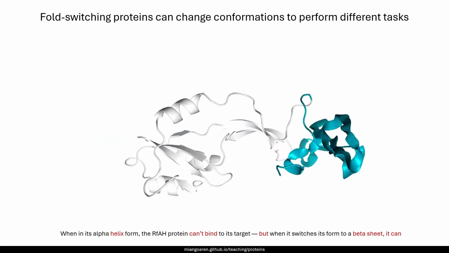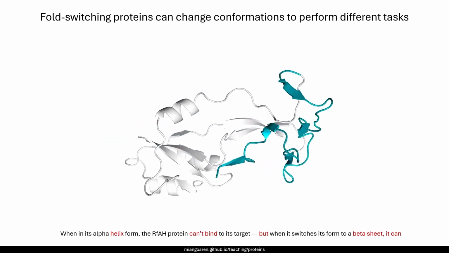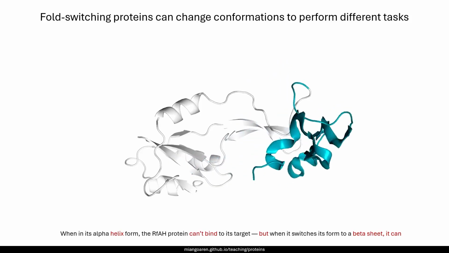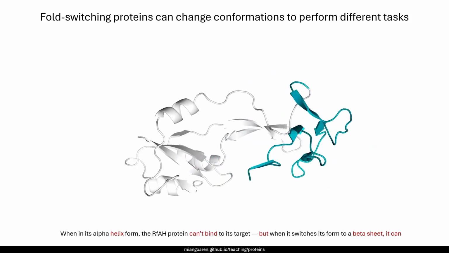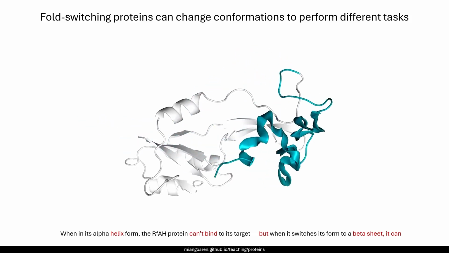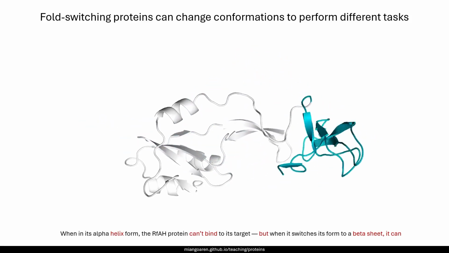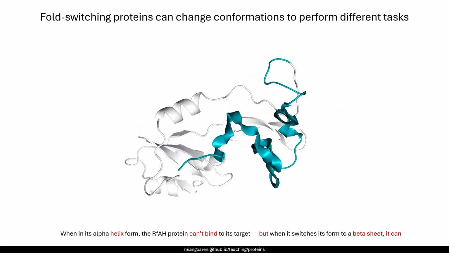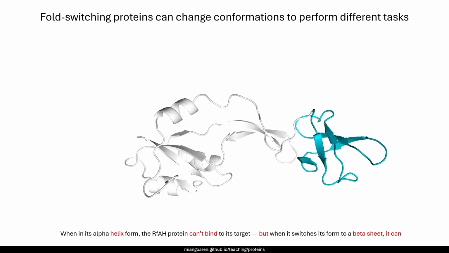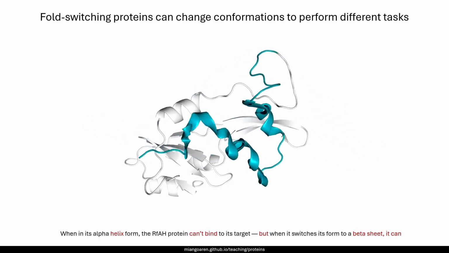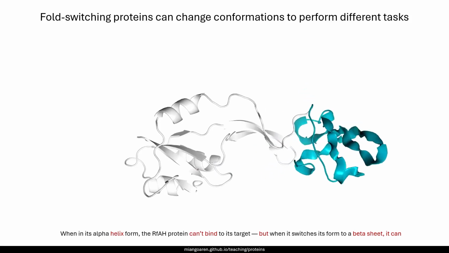Here what we see is how this change process occurs at the conformational level of secondary structure, in such a way that these switch-fold proteins can completely change their secondary structure regions, and that they are really associated with what would be their function within the cells. In the case of this protein, when it is in its alpha helix configuration, it cannot bind to its target, its partner with which it usually interacts.